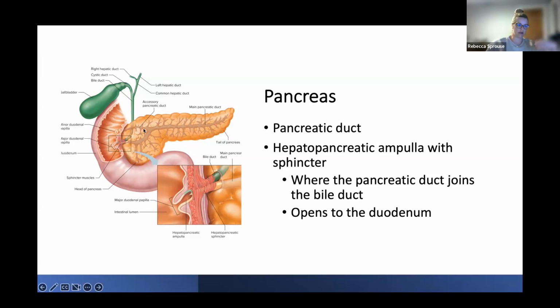And so here's the pancreatic duct right here. It runs right through the pancreas. Here's the head of the pancreas here. Here's the body, and here's the tail out here. So this pancreatic duct is going to basically secrete enzymes this direction, and where it's going to dump those enzymes into is the small intestine.